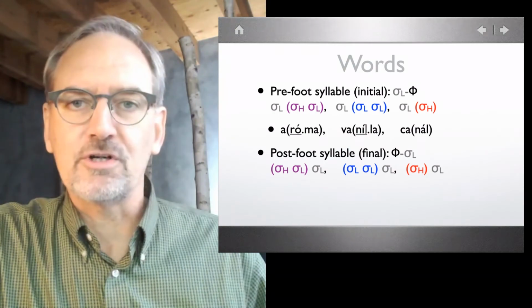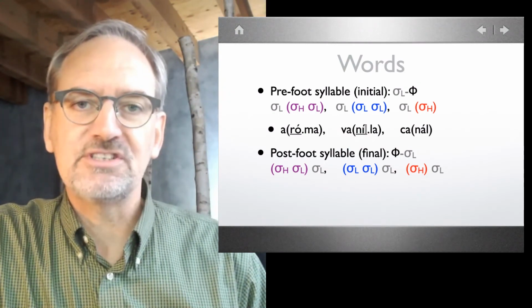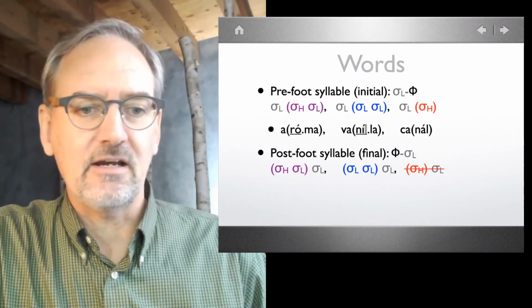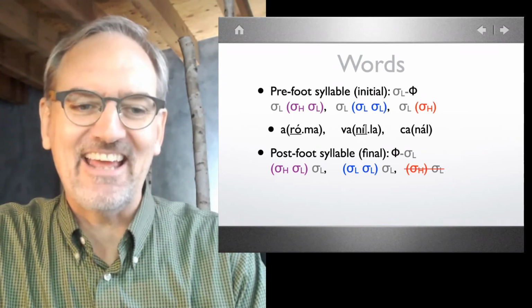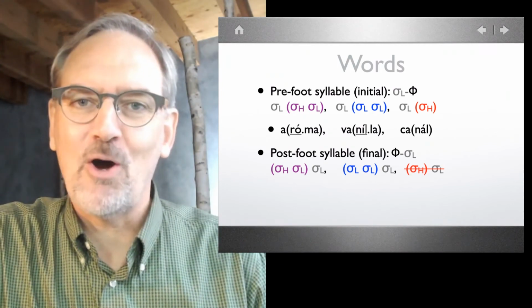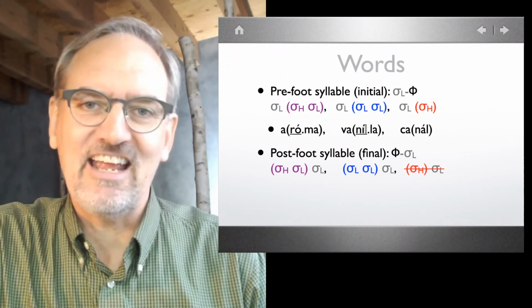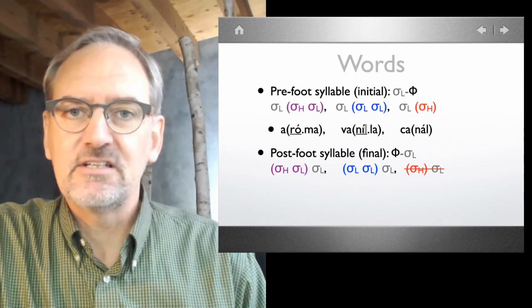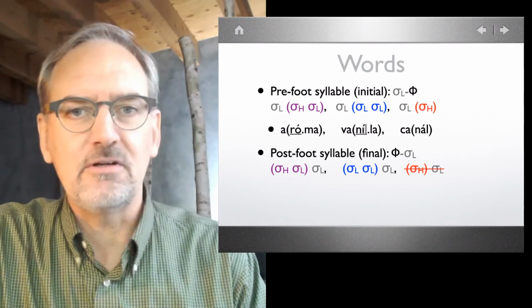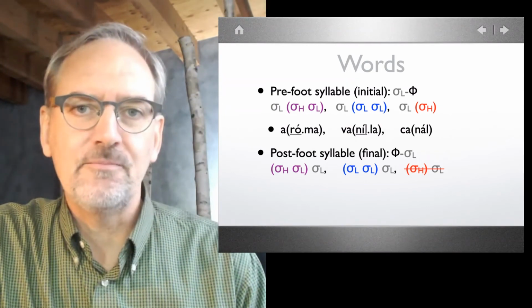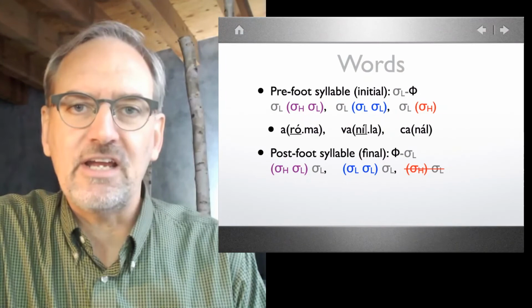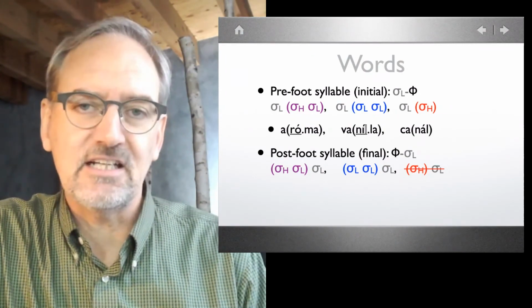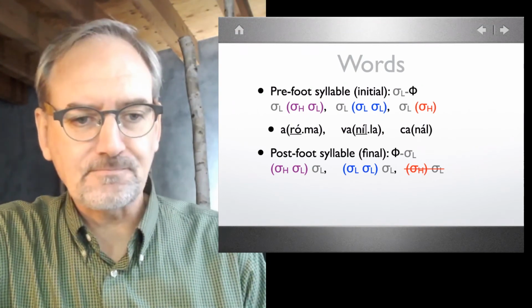So in words where an extra syllable comes immediately after a foot. I've already told you, so I'll jump to the end. Right? We never get this post-foot syllable following a monosyllabic foot. And the reason is a sequence of a heavy syllable followed by a light syllable will always be grouped together into a bisyllabic foot. A heavy syllable, light syllable, bisyllabic foot.